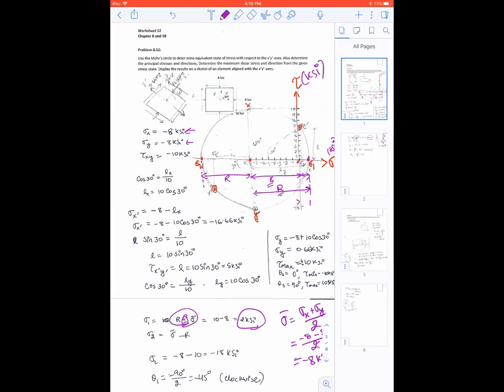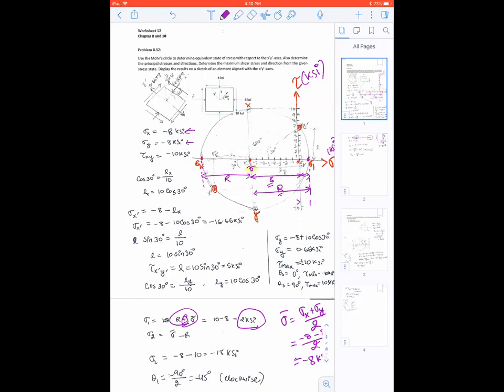All right. So you want to know what is the value up here. And all the way from here to here, where your sigma bar is, which is the center of your circle, is -8.